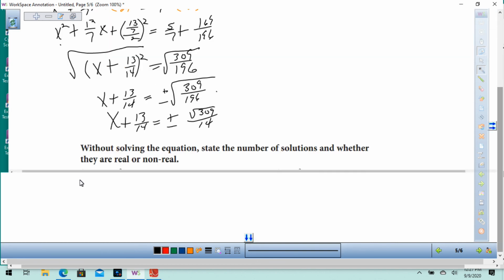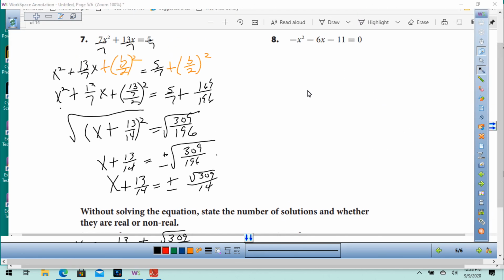So I'm going to subtract 13/14 from each side, and I got negative 13 over 14 plus or minus the square root of 309 over 14, and that is 2 real solutions.